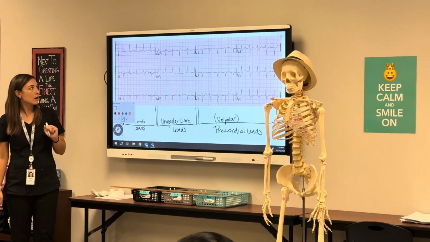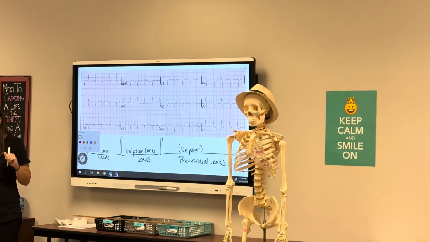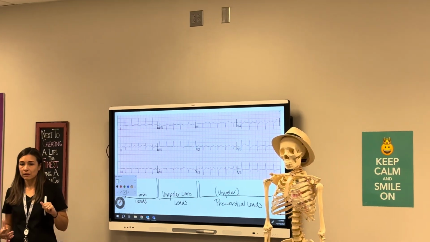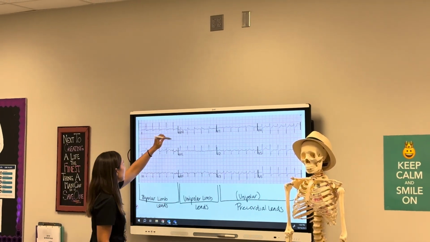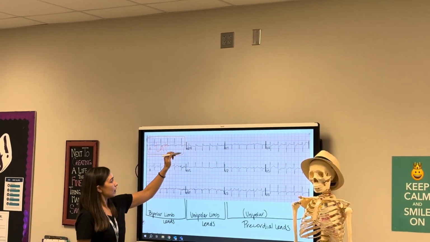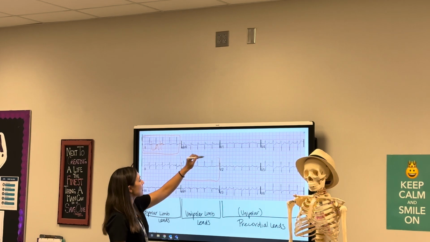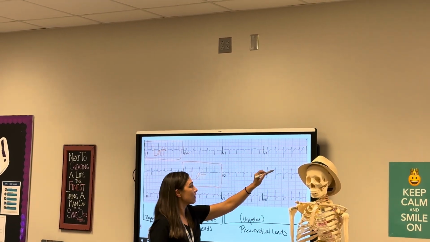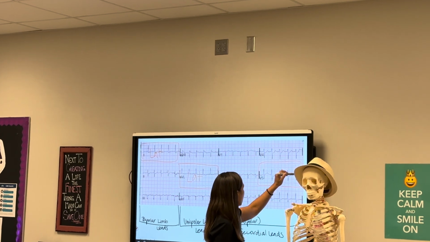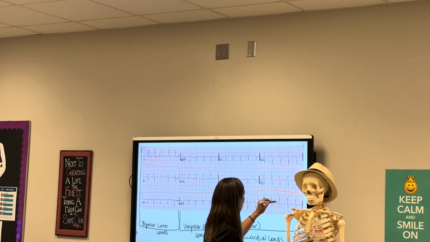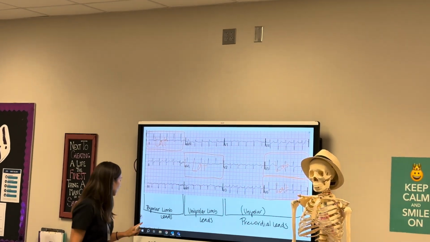Okay, which ones are my lateral leads? Think "Big Lie". So lead 1, okay. "Little Lie", we skip aVR, and that is all. So I have aVL.